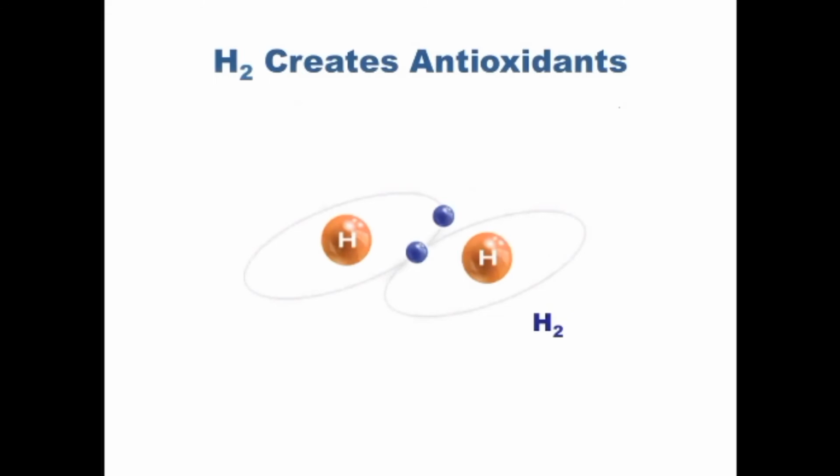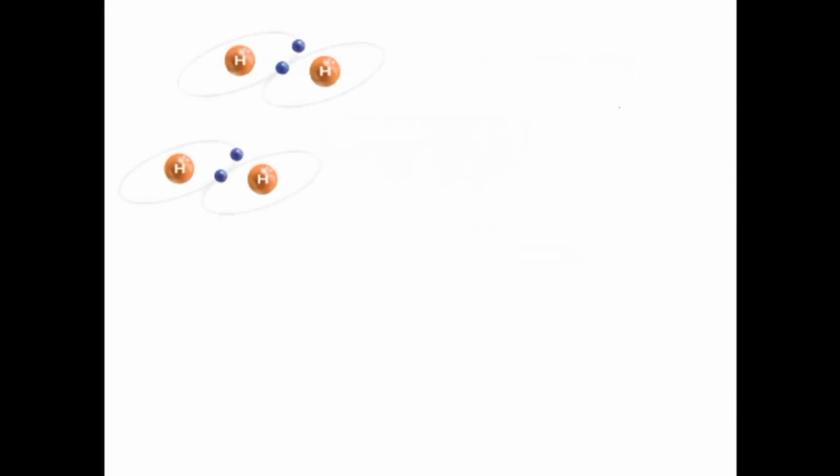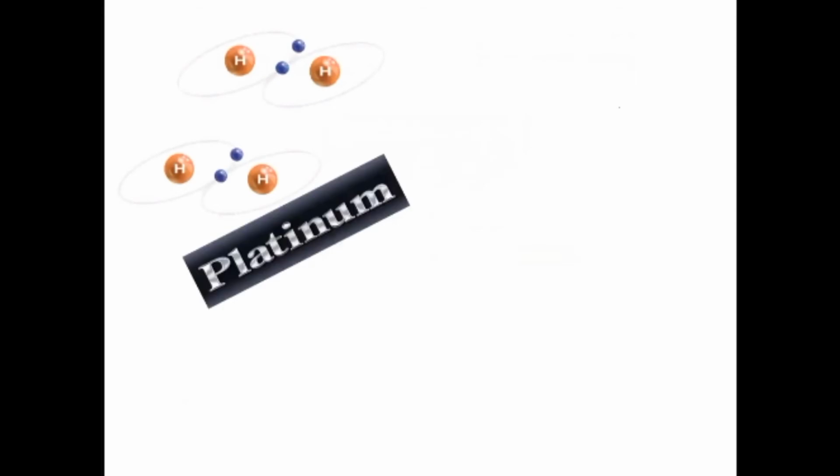So as we drink this water, it's going to have some H2 in it. But as H2 is exposed to the platinum that coats those titanium plates in your ionizer, hydrogen, in the presence of platinum, freely gives up its electrons.